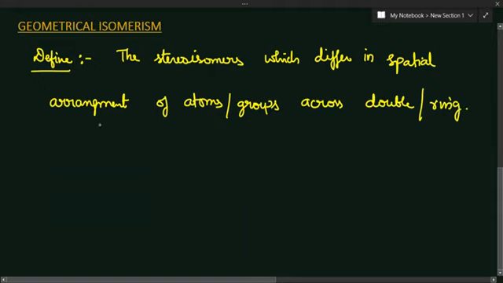So these types of isomers are called geometrical isomers.